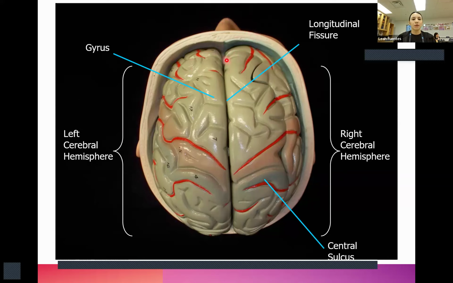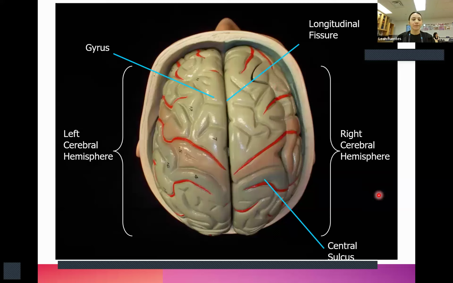So our frontal lobe would be over here, making this side the left cerebral hemisphere and this side the right. If it was flipped and the nose was back here, it may change our view on things, but we always want to find the front of our model and go from there.